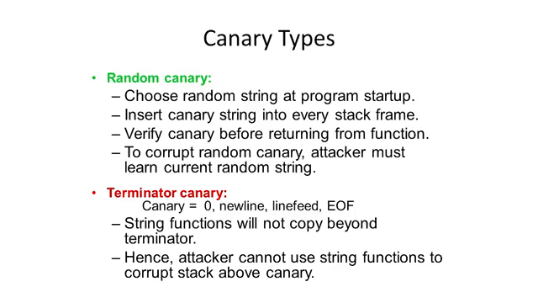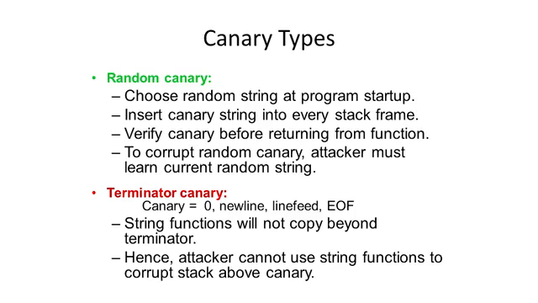Different programs will get different random values at different times. We insert the canary string into every stack frame, and we then verify the canary before returning from the function.